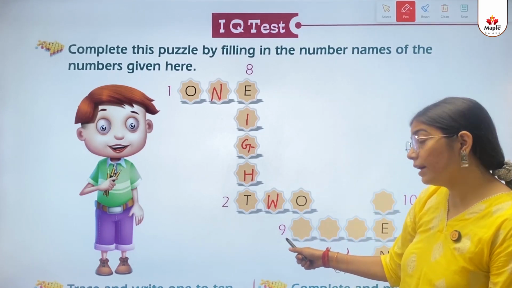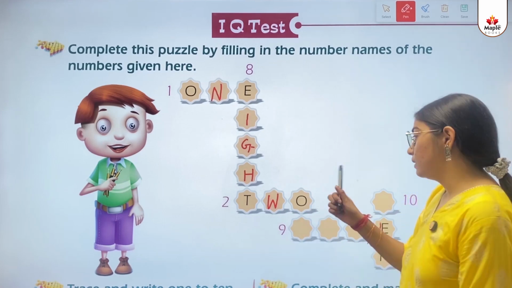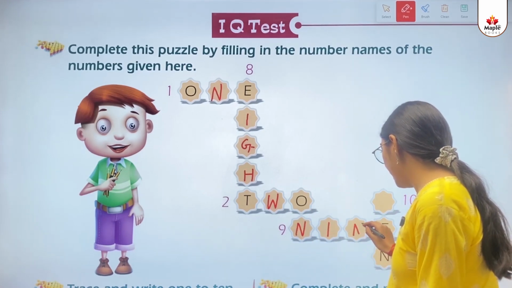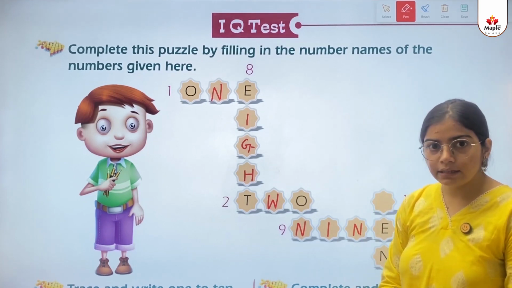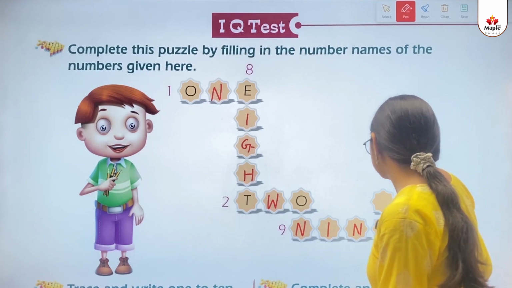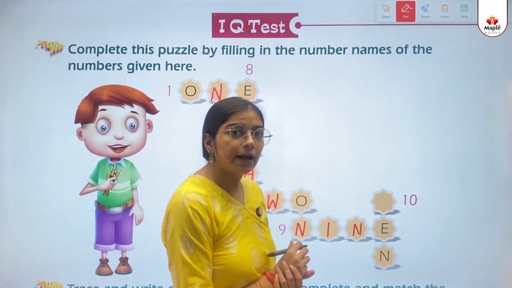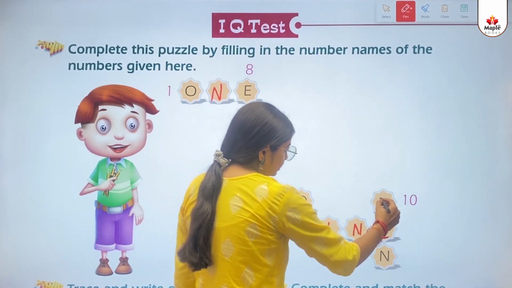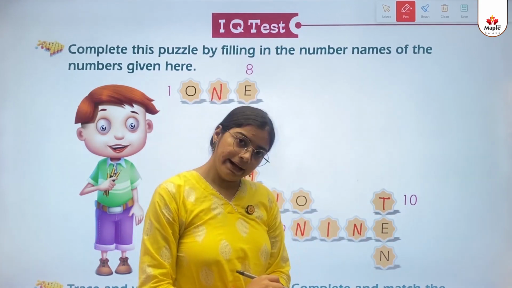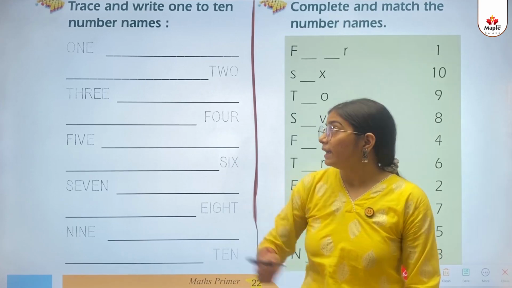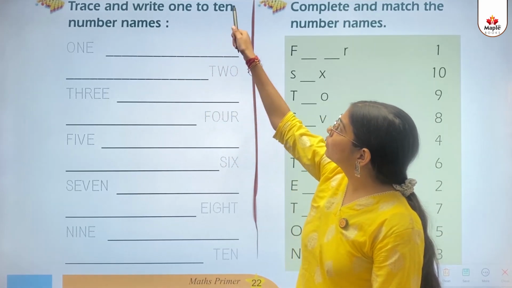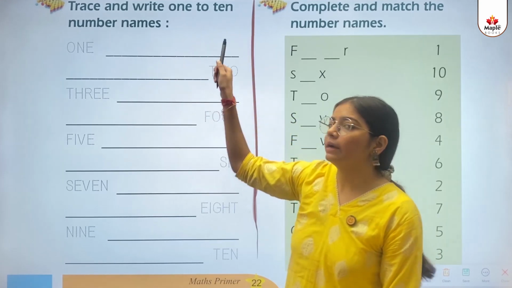This is given here, 9. N I N E, 9. E is already written here. Then the last one. This is 10. T E N, 10.